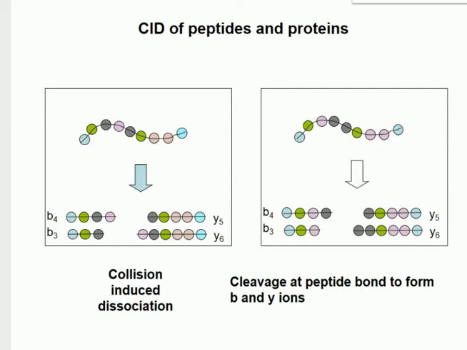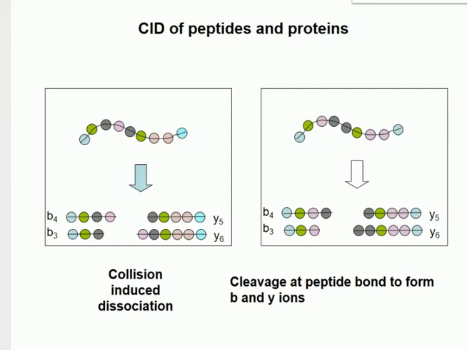So in this example here, we've just swapped the 3rd and 4th amino acids around. The mass of the B4 from this peptide is the same as the mass of the B4 from this peptide. But the B3 masses are different. So that allows us to tell that they've got different sequences.